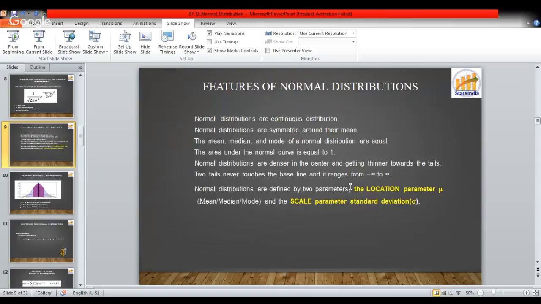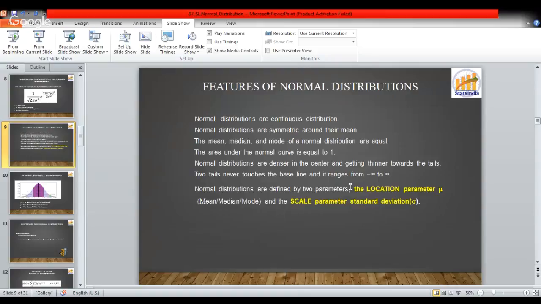It is a distribution for a continuous variable, while Poisson and binomial are distributions for discrete variables. In a normal distribution, mean, median and mode are equal. That is, mean is equal to median is equal to mode.